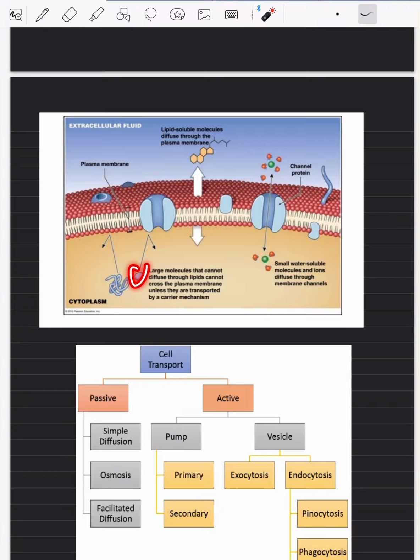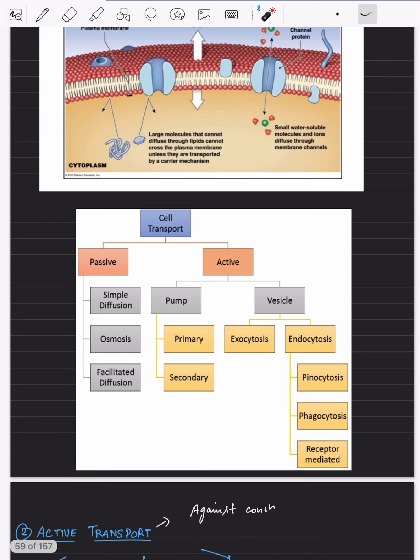Then some of the large molecules, although they cannot diffuse easily, can pass with assistance. They require a carrier mechanism or carrier protein. I will let you know about the carrier protein. Then some small water soluble molecules and ions can easily diffuse through the membrane channel. You can see a kind of flow chart.